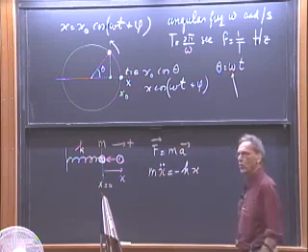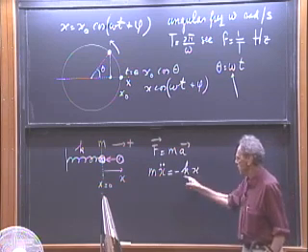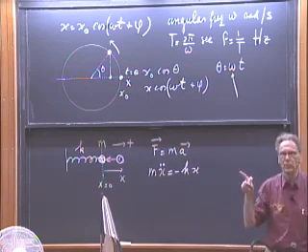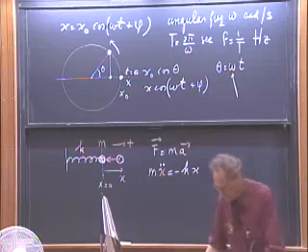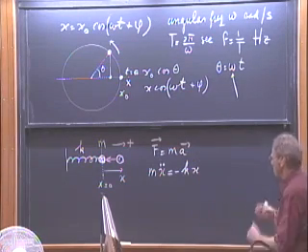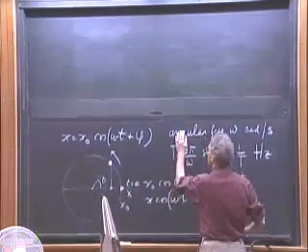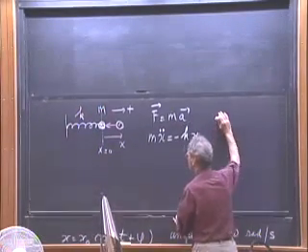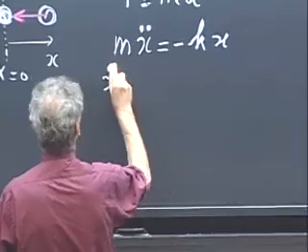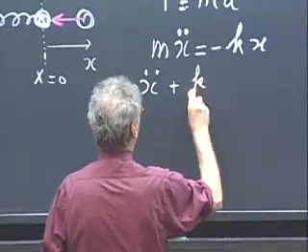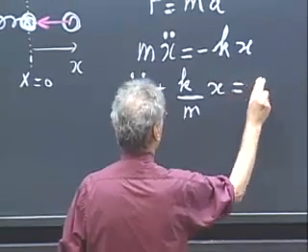It's really a vector notation, but since it's a one-dimensional problem, the minus sign takes care of the directions. And so I can massage this a little further, and I can write this as x double dot plus k over m times x equals 0.